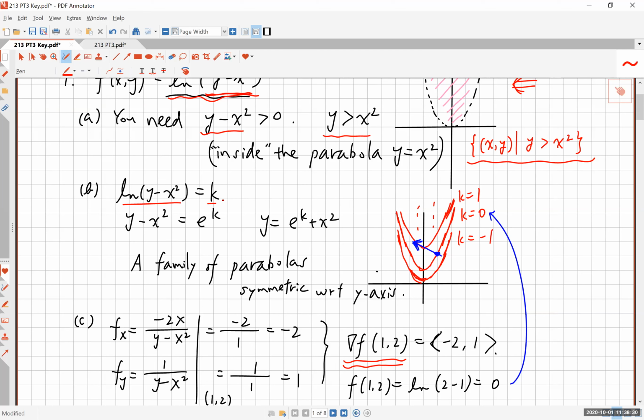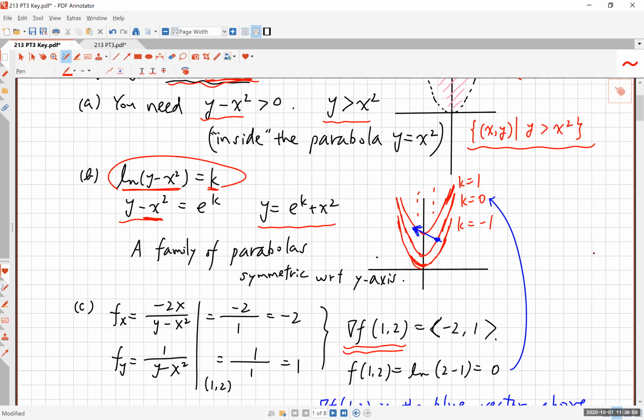And then, of course, in terms of the exponential function and using the number e, this statement, which is a complete sentence, is equivalent to saying e to the k is equal to this argument, right? So e to the k plus x squared is your y. So of course you solve this for y, because that's how we graph functions on the plane. So y is e to the k plus x squared.